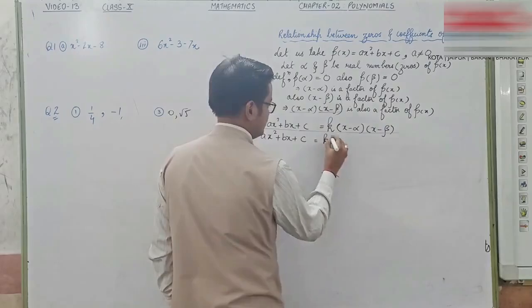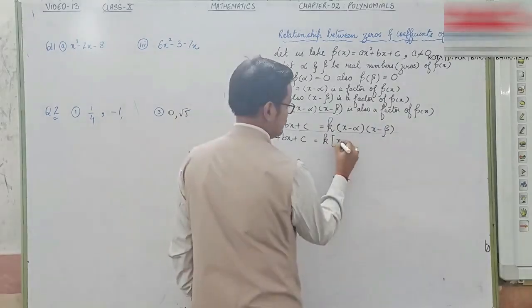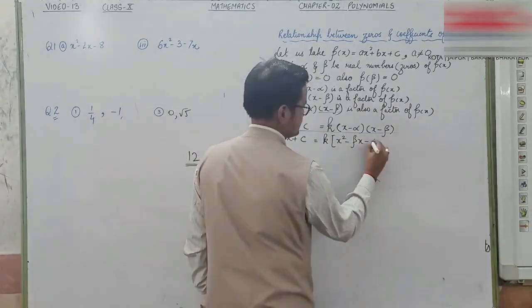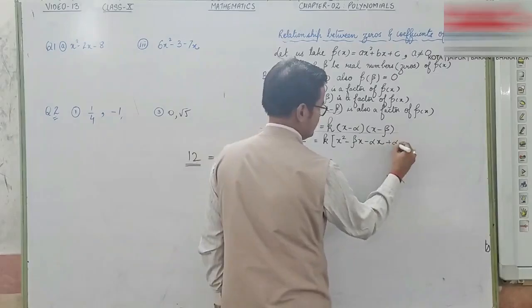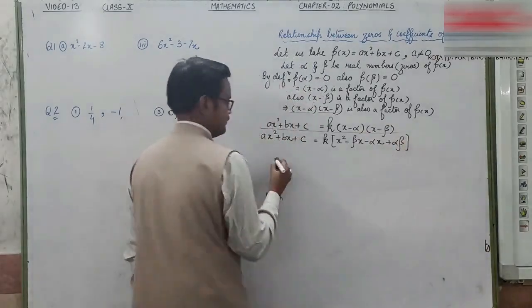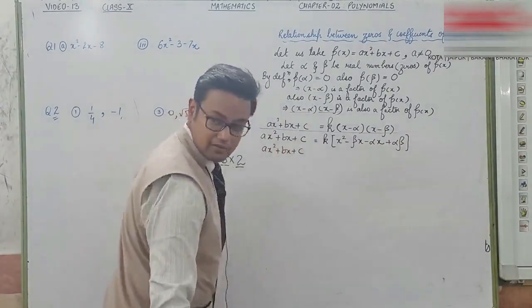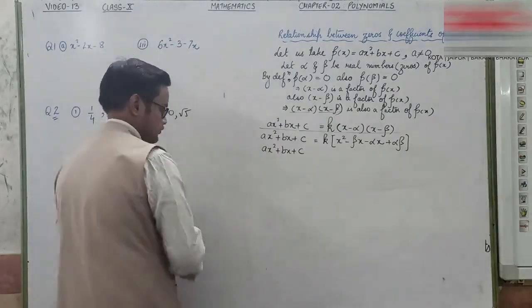So k, you should multiply what should lie inside: x square minus beta x minus alpha x plus alpha beta, right?